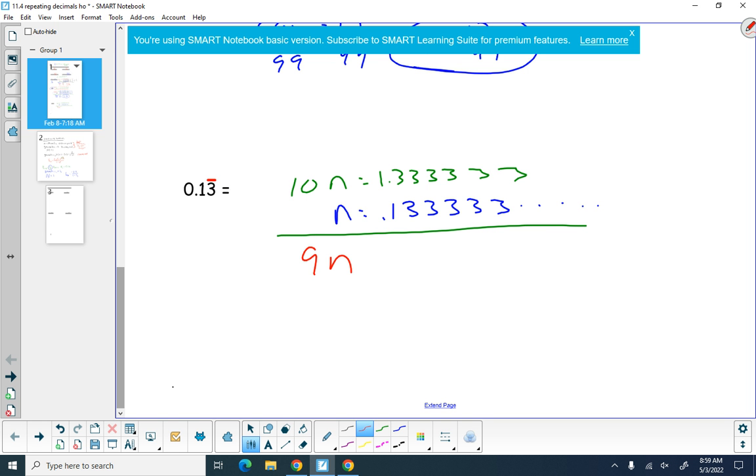On the right-hand side, well, I have 1.3 and I have a 0.1 there. That doesn't match up, but do all my repeaters cancel after that? Yeah, these cancel, these cancel, these all cancel. So we're left with 1.3 minus 0.1, which is 1.2.